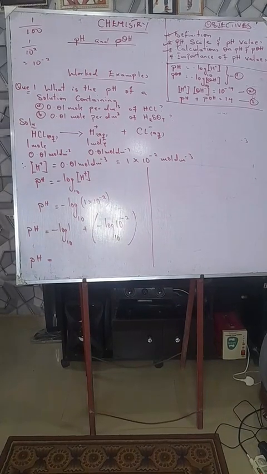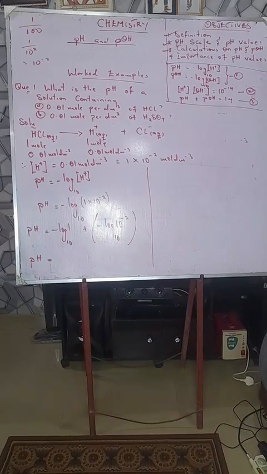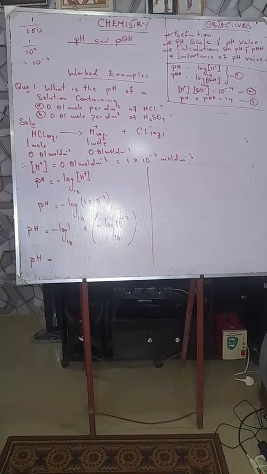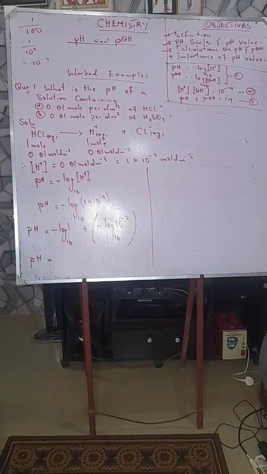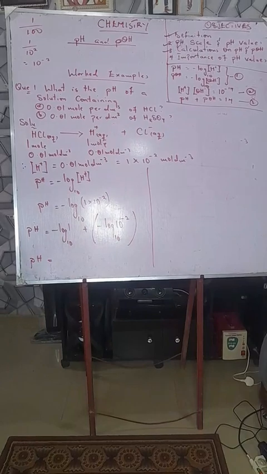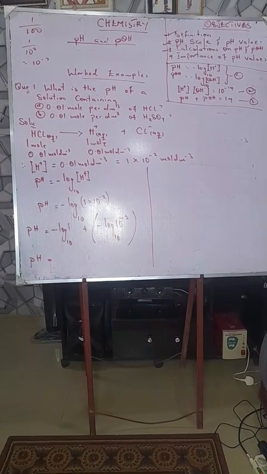Now, what is log 1 in your calculation? If you have your calculator there, Juliet, press log 1. Log 1 will give you 0, if I'm not making a mistake. What is your log 1 giving you? I'm waiting for you. Press your log 1.